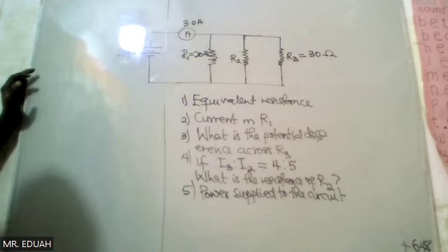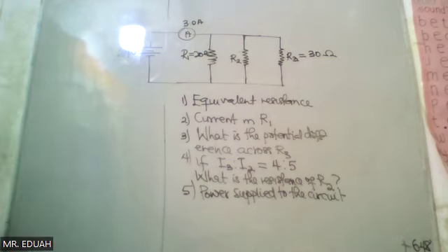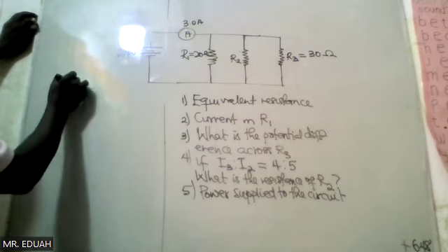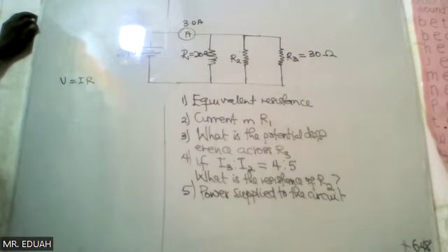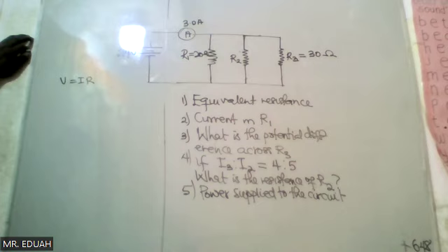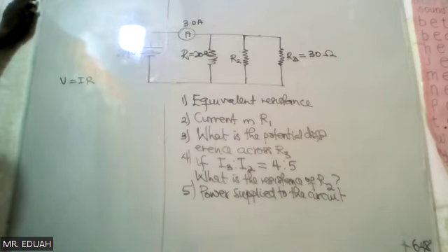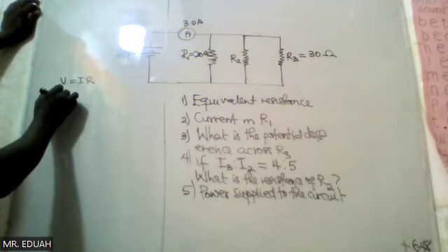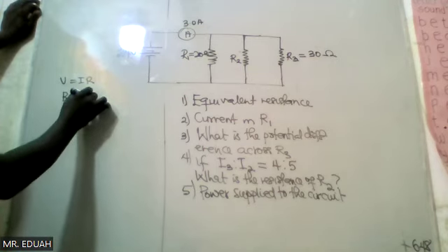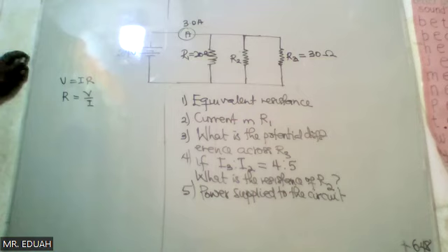I use V is equal to I times R, and from the relation R will be equal to V over I. From the diagram, V is equal to 24, and the current I is equal to 3. So R is equal to 24 over 3, which is equal to 8.